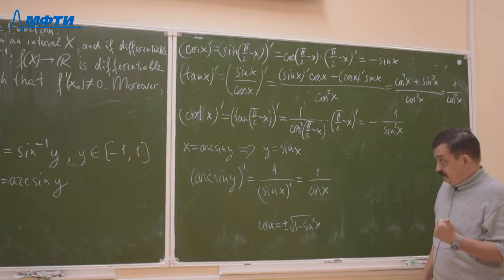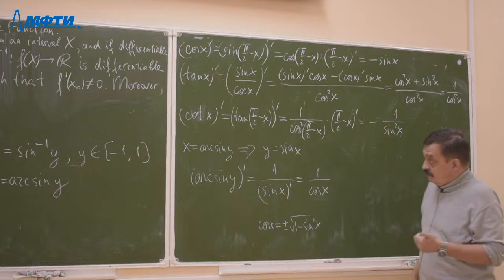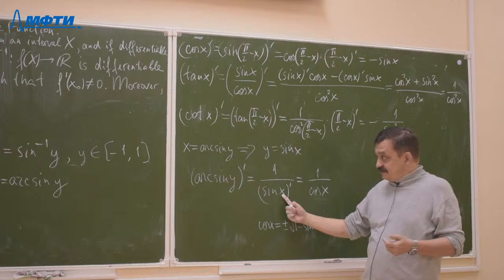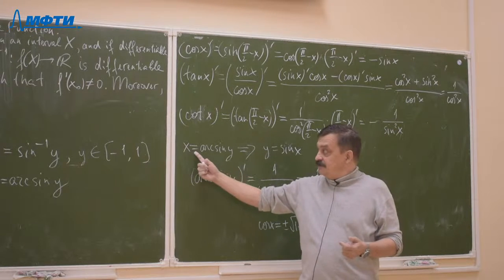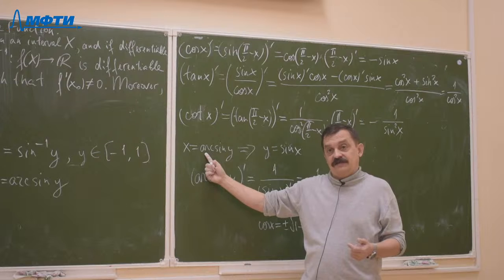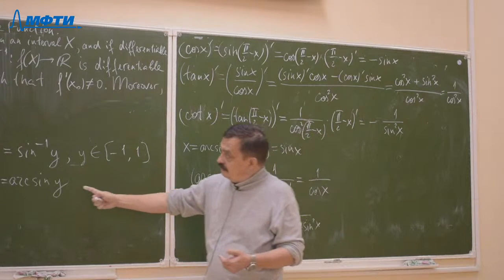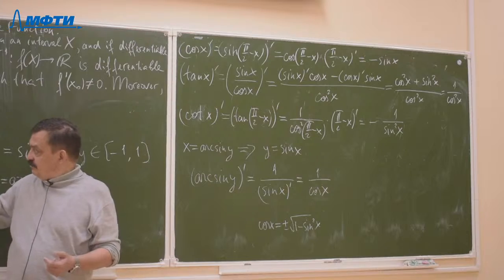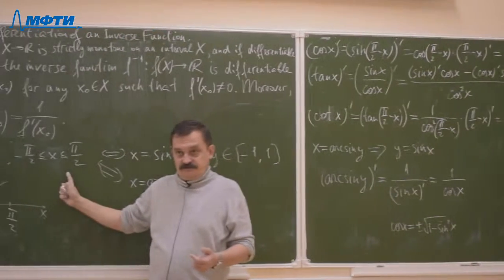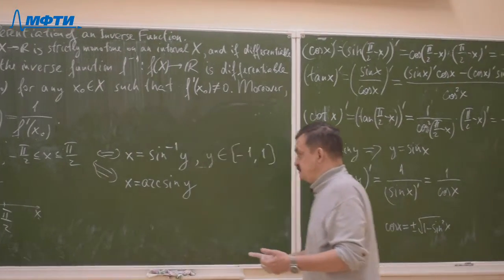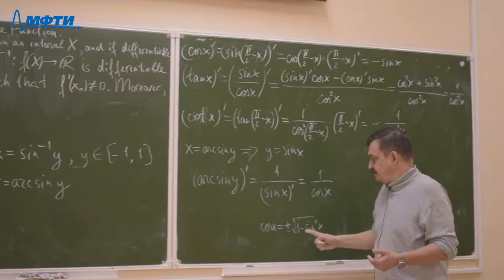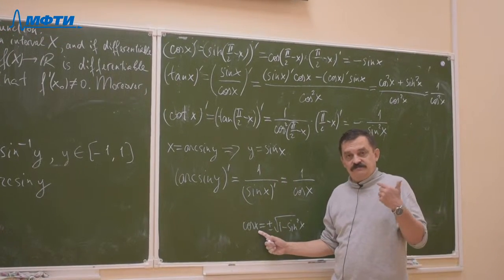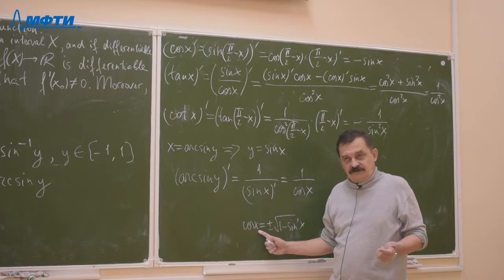But recall that x, in the equality x equals arcsine y, was defined only for x between minus pi over 2 and pi over 2. And if x is between minus pi over 2 and pi over 2, then cosine x is not negative.